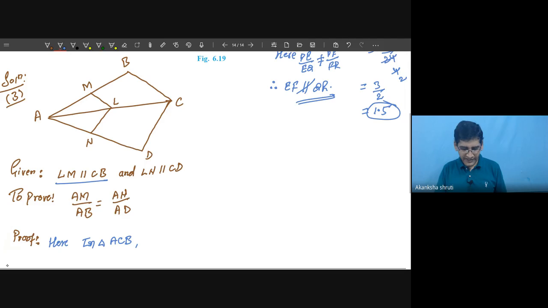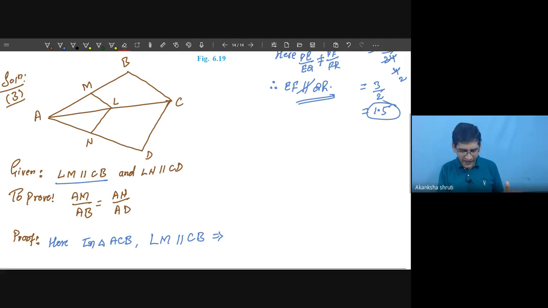So in triangle ACB, LM is parallel to CB. This means wherever parallel is there in a triangle, we can write the ratio. This means we can start with AL by LC, or even AL by AC we can write.